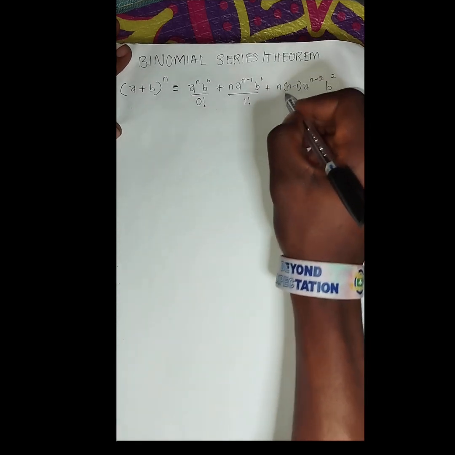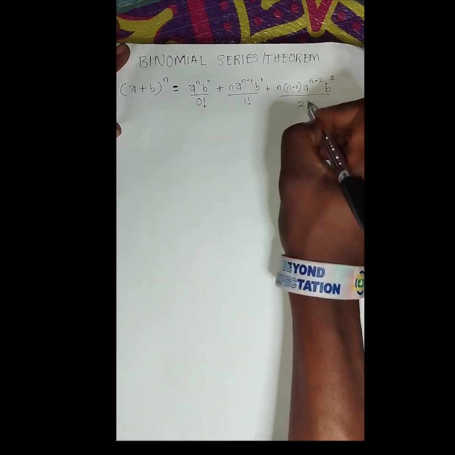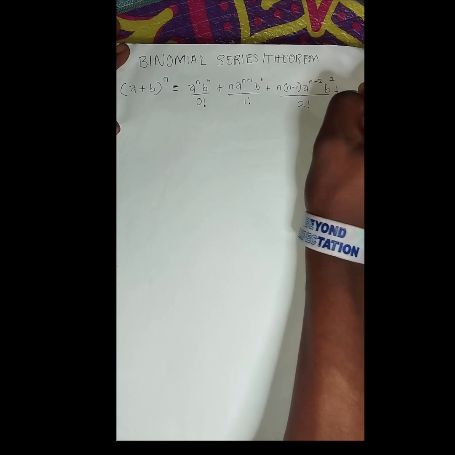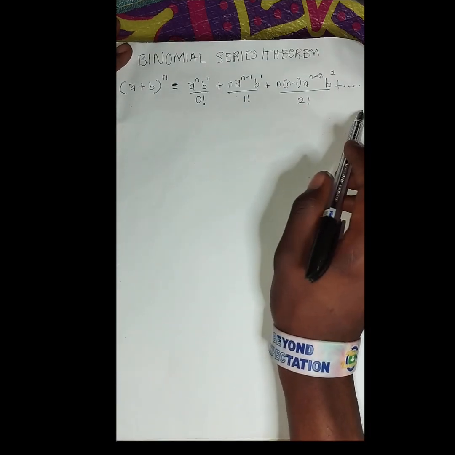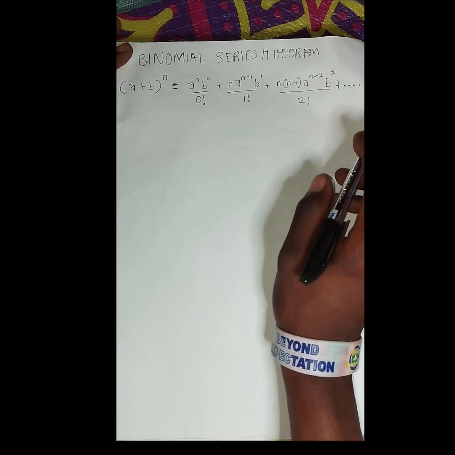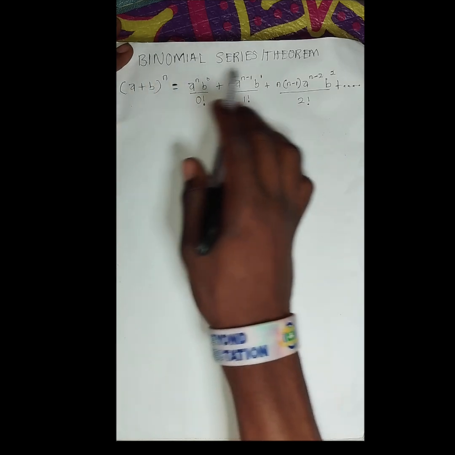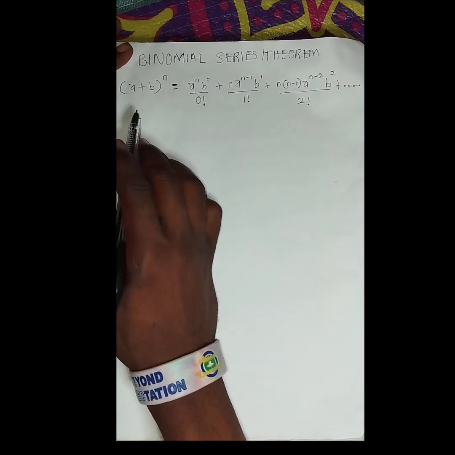This time over 2 factorial. And so on. Plus, and so on. Yes. This is what we call binomial series, or you can call it the binomial theorem. Easy. So this is the method we'll be applying to every question now.